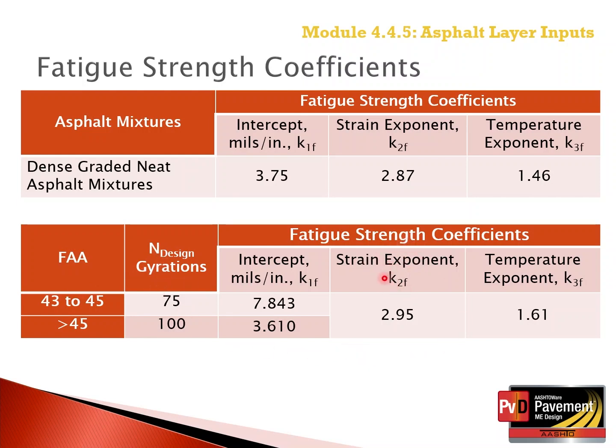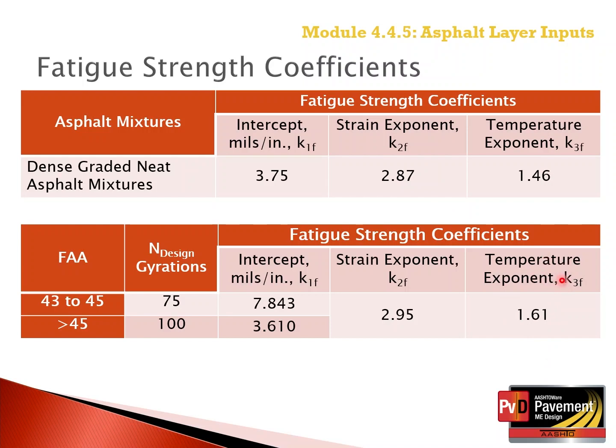The strain exponent K2 was found to be independent of the fine aggregate angularity and the number of gyrations. Their tensile strain exponent of 2.95 is compared to 2.87 of the global calibration value.